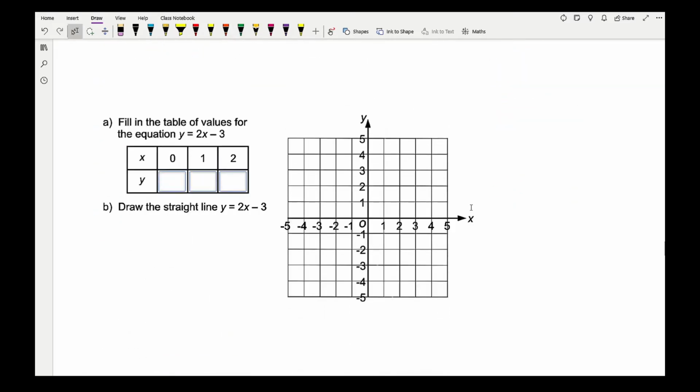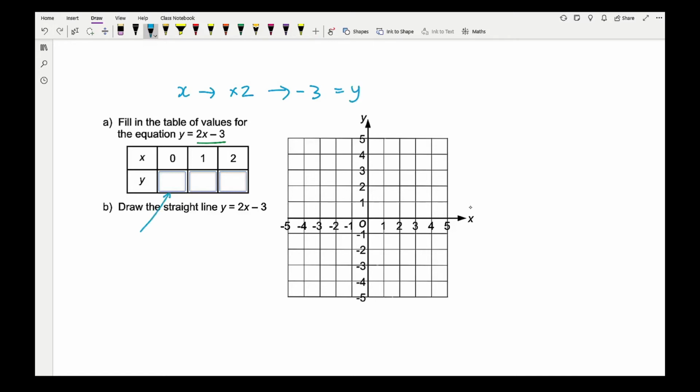So again, moving on to another similar question. So again, looking at the equation. We've got 0, 1, 2, which is probably my preferred choice of coordinates. So again, I'm going to start with x, and I'm going to multiply it by 2 and then take away 3, and that's going to equal my y ordinates.